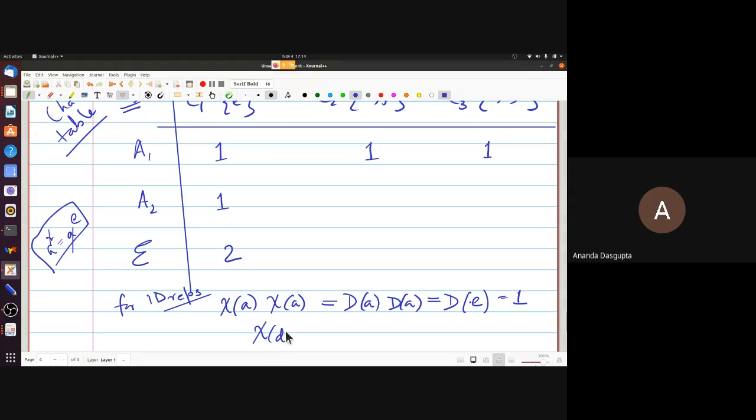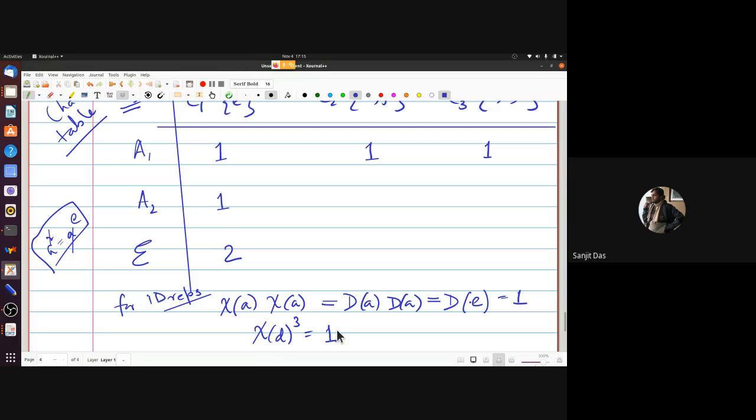But the important thing is, what about chi-D? Can you make a statement about chi-D? D is a 120 degree rotation. If you do D three times, you get the identity, so chi-D times chi-D times chi-D, 3 times multiplication, chi-D cube must be 1.